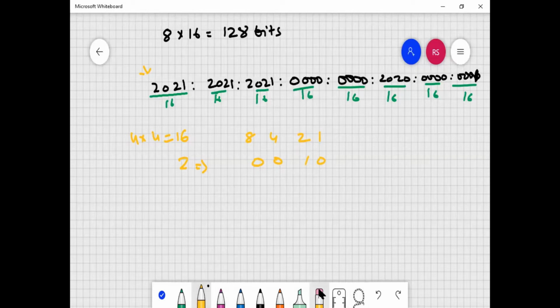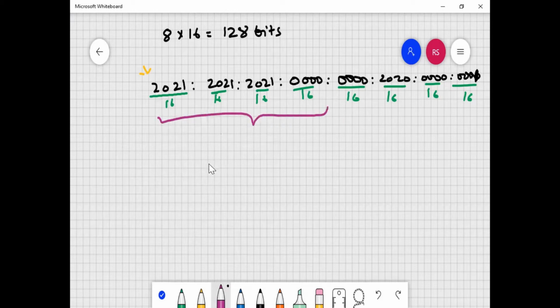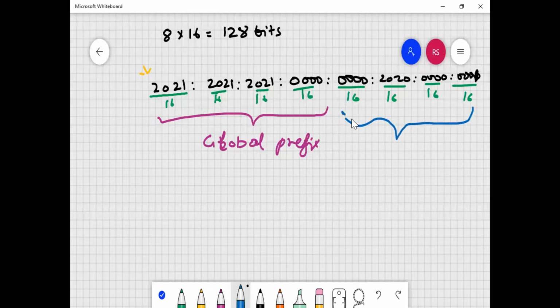And again, if I talk about this, the first 4 portions, this is like your network portion, known as the global prefix. And the next portion, maybe 64 bits and 64 bits we can divide, is known as the interface ID.